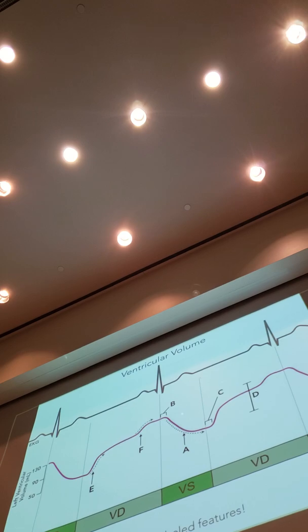There it is. E, what's happening there? And what's happening in F? Both are, we've got rises in ventricular volume. What do you think's happening? And why do you think that? I'm sorry, can you say it a little louder?